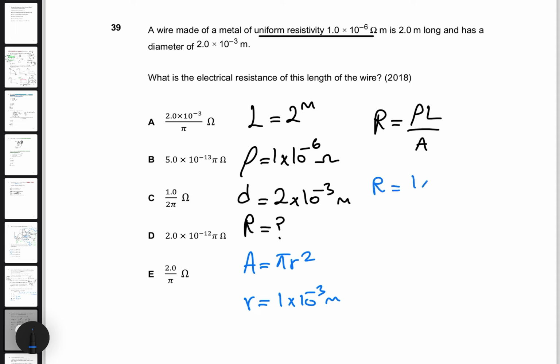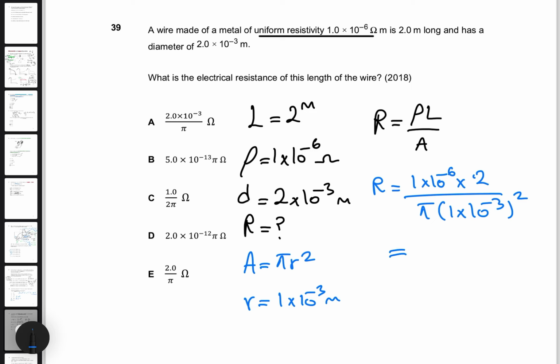So we can find the resistance simply by saying rho is 1 times 10 to the power of negative 6 multiplied by the length, which is 2 meters, divided by the area, which is pi times r squared, which is 1 times 10 to the power of negative 3, all to the power of 2.